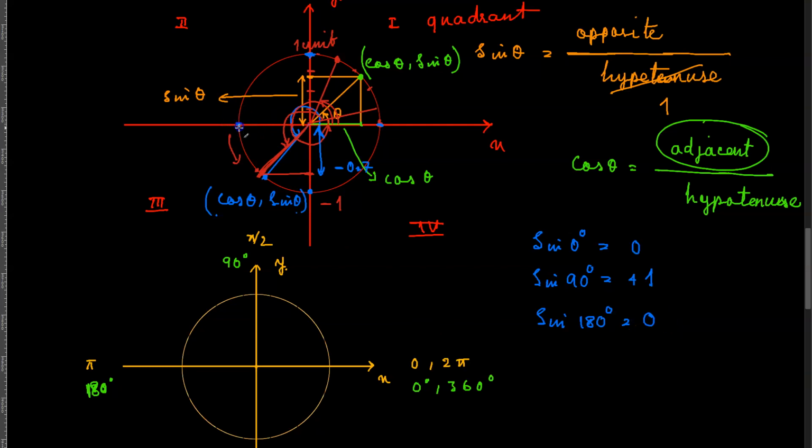When you go down here, you get to 270 degrees, it's maximum in the other direction, so the sine of 270 degrees is negative 1. And when you get to 360 degrees, the height has again gone to 0, so the sine of 360 degrees is equal to 0. And that's how you calculate the sine of all of these angles.